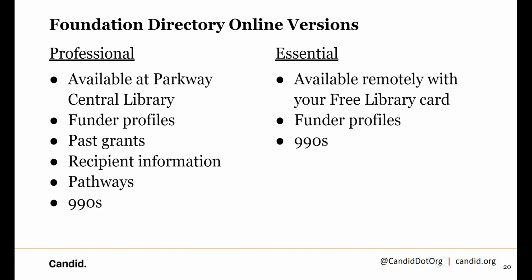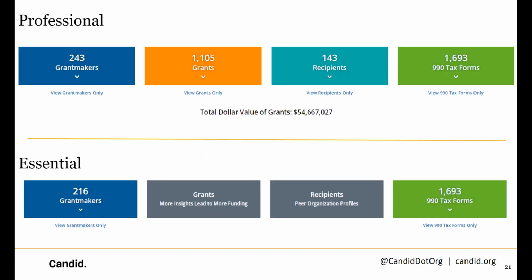So during today's demonstration, I'm going to demonstrate the Essential version, since that's what you all have access to. And like I said, it's a great starting point. But if you'd like to use the Professional version, you're welcome to come into the branch to do so. No appointment necessary. Again, we're open Monday to Friday, 9 a.m. to 5 p.m. I do recommend that you bring your own laptop if you have one, as we have a very limited number of public computers available.